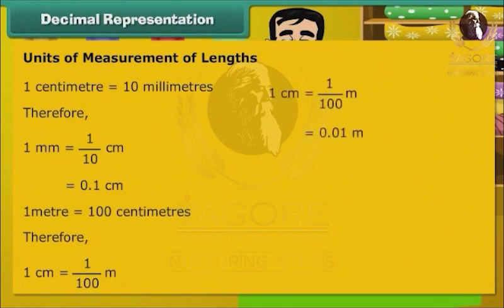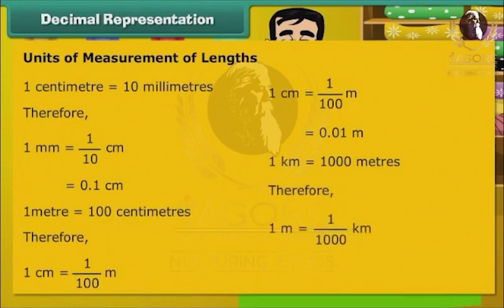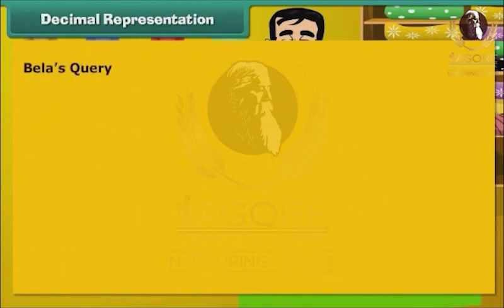That is equal to 0.01 meter. 1 kilometer is equal to 1000 meters. Therefore, 1 meter is equal to 1 by 1000 kilometer. That is equal to 0.001 kilometer.